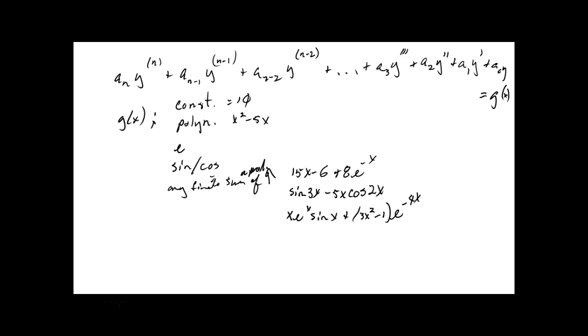Any sum or product of any of the above. Here's a product of a polynomial, an exponential, and a sine or cosine, added to, and a sum will work too, a polynomial times an exponential. Are we going to do ones like all these? Probably not. We'll do some simple ones, but you'll see how to combine or add or increase those.